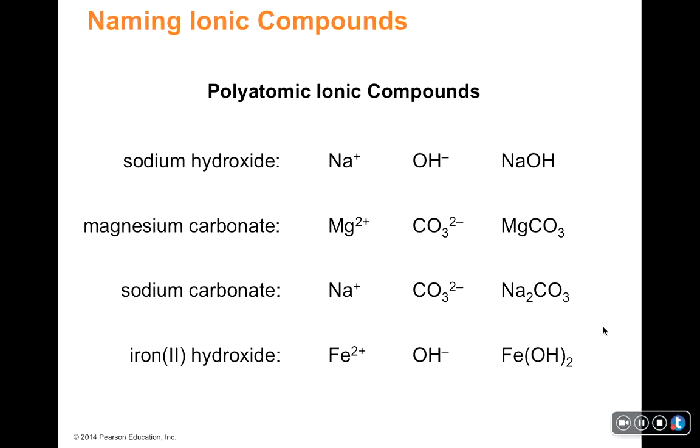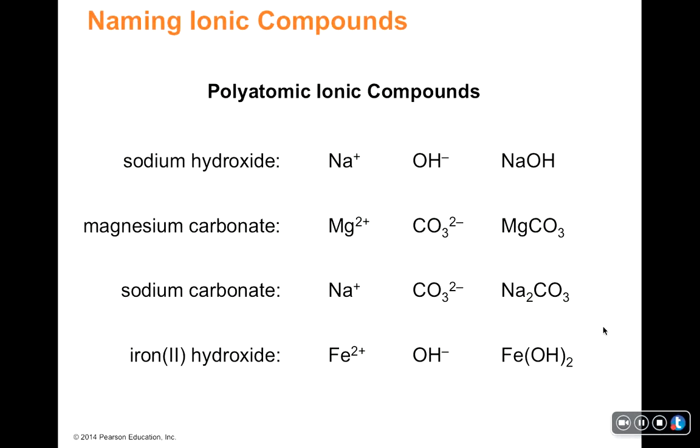So let's take the next one, magnesium carbonate. So magnesium, you look up, it's in group 2. You know that means it's magnesium with a +2 charge. You look at your polyatomic ion chart and you find carbonate is CO3 with a -2 charge. If you look here, you've got magnesium with a +2 and carbonate with a -2.